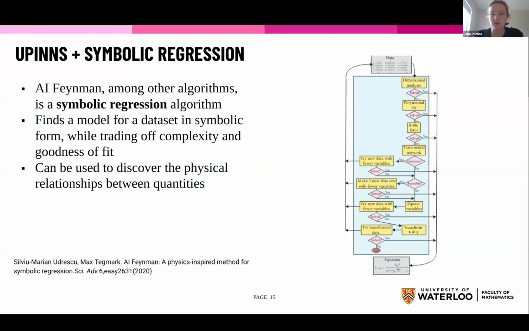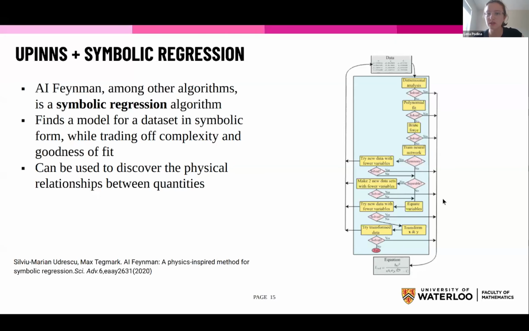The other thing that we did was add, as a second step, symbolic regression. We took the approximation that we could get from PINNs and ran it through a symbolic regression algorithm, namely AI Feynman. Symbolic regression algorithms find a model for the data set in a symbolic form, and in doing that, they trade off complexity and goodness of fit.